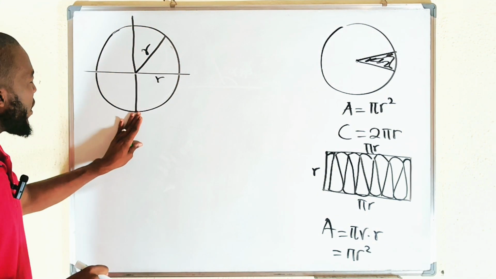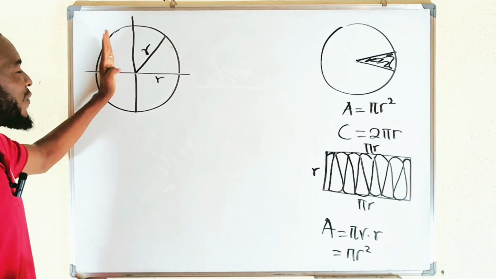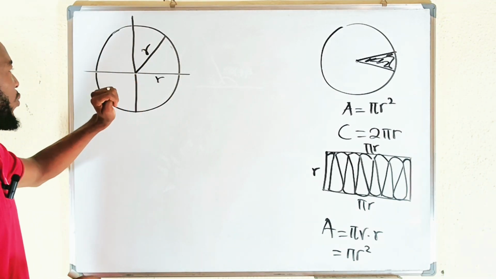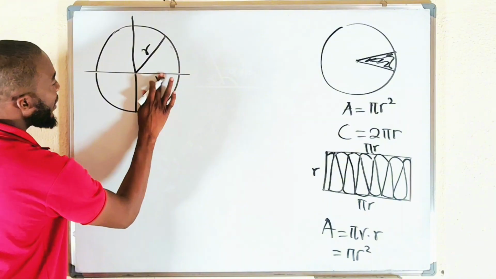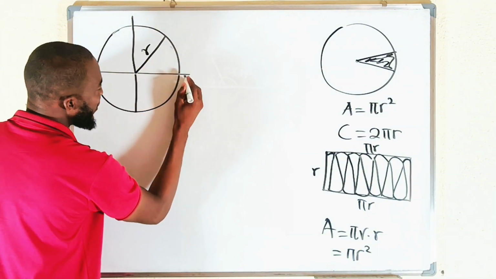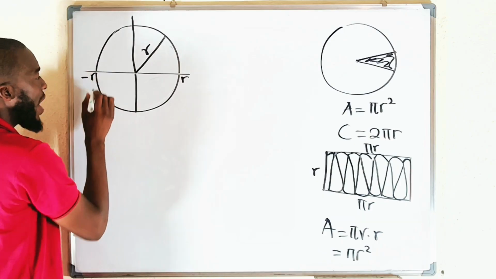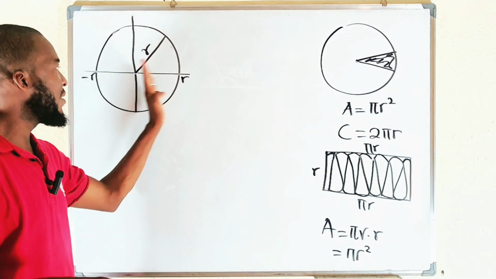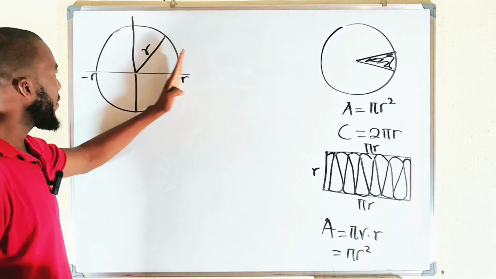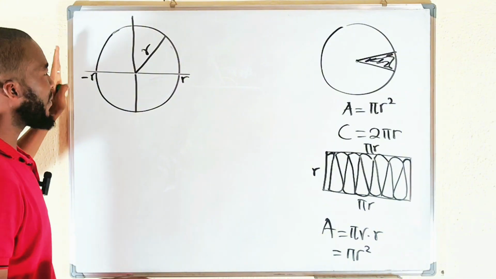So how can we find the total surface area of this figure on a Cartesian plane? If from the center to this point is r, then from the center backward here will be negative r. Remember, on the Cartesian plane, this is the positive x-axis and we have the negative x-axis.